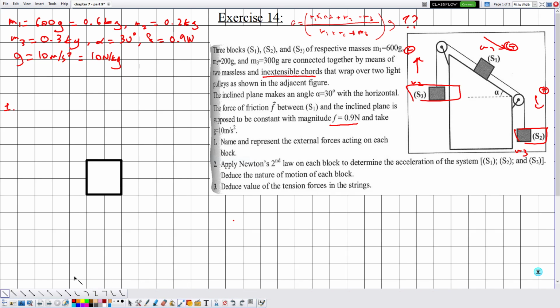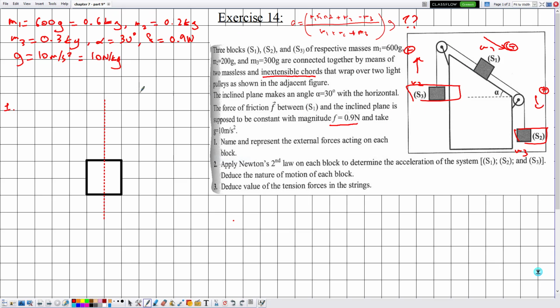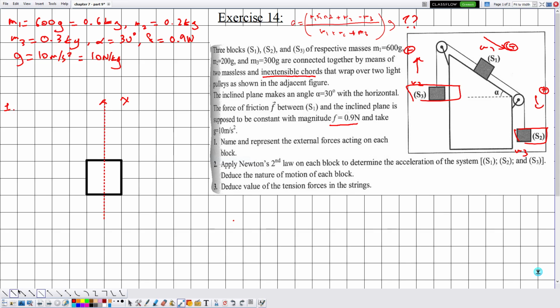Now we need to choose a reference system because we expect that S3 will be going upward. Then let's take a fixed direction of motion. So suppose the system is moving in this direction. So this is the positive X direction, say for example, or Y, it doesn't matter. We have the weight W3, which is acting vertically downward like this.